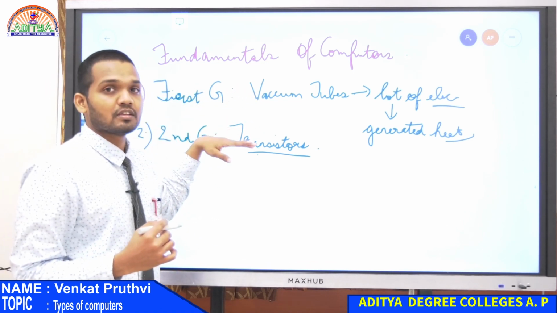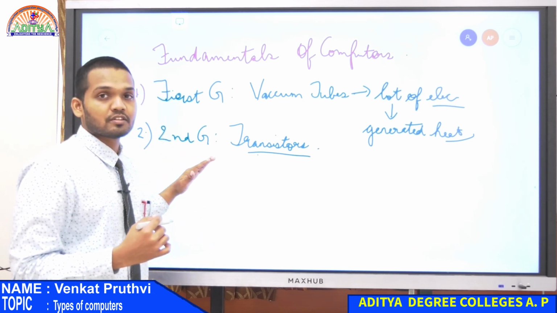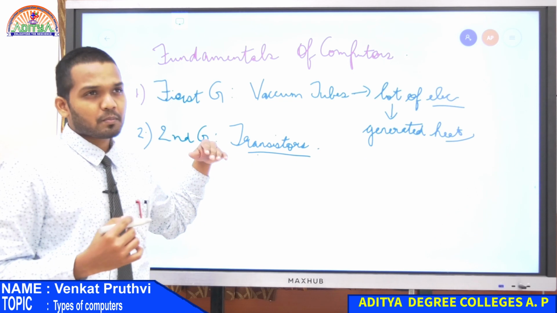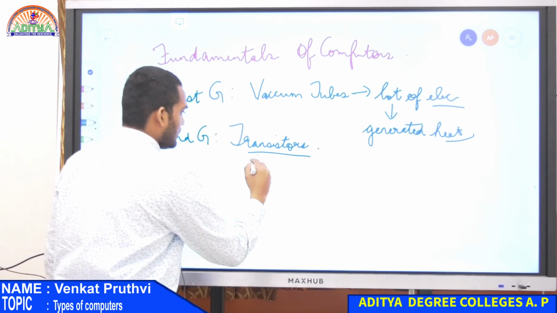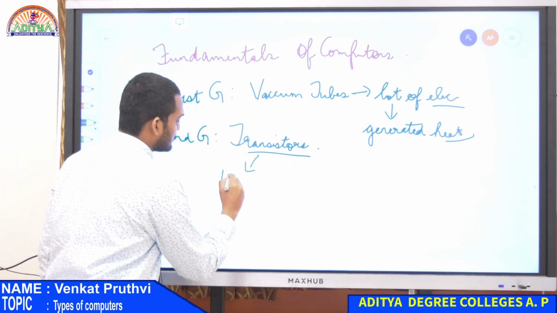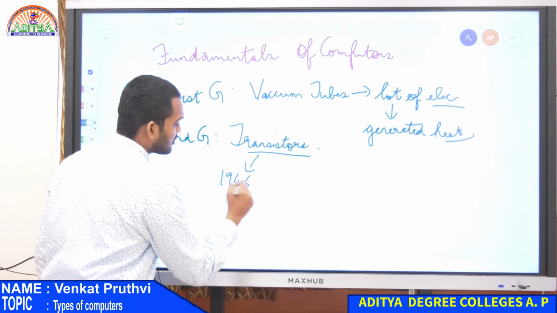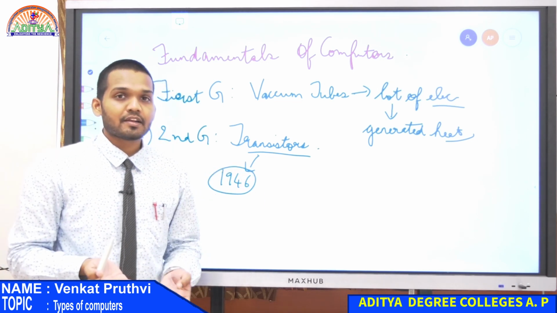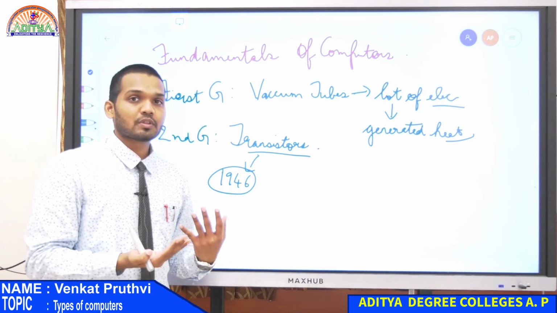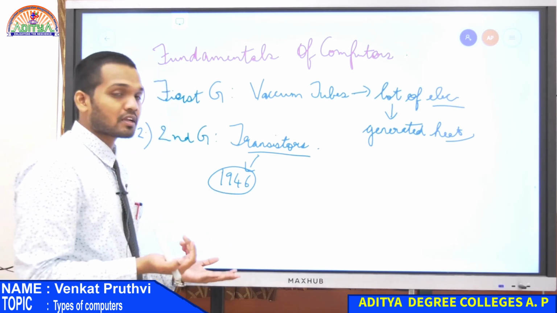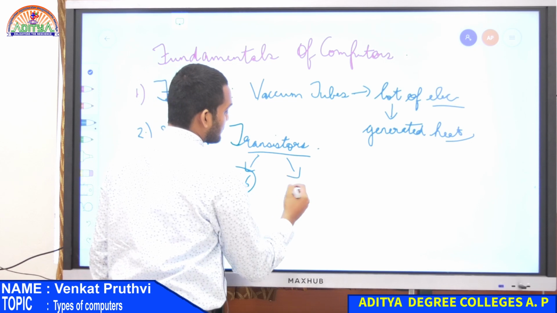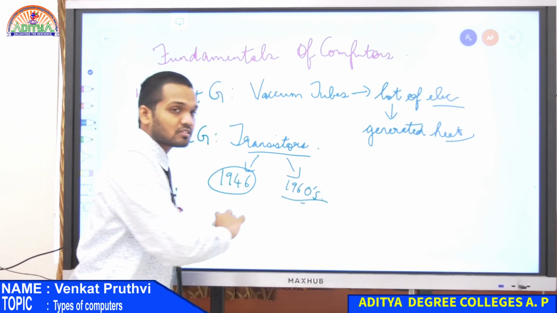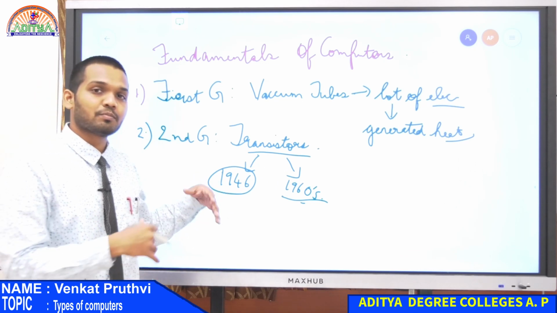After that we shifted towards the second generation of computers, which were using transistors. Transistors were invented around 1946, but to get them integrated into our computers and working in the practical world, it was around the 1960s. Until the early 1960s, we couldn't have those transistors inbuilt into our computers.